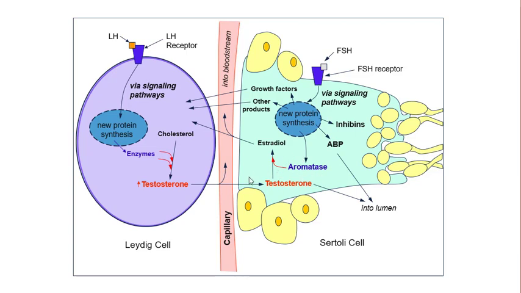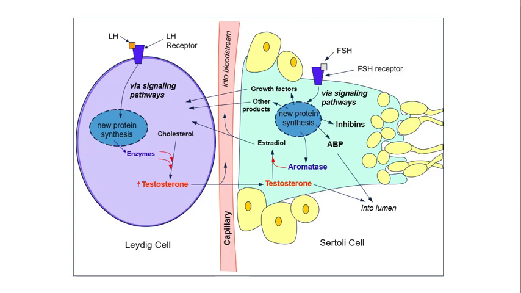So the Sertoli cell requires testosterone in order to do their job, and they express receptors for FSH. And so in response to FSH, they synthesize androgen binding protein, or ABP, which then is able to bind the testosterone and concentrate it within the cytosol of the Sertoli cell and also within the lumen of the seminiferous tubule.